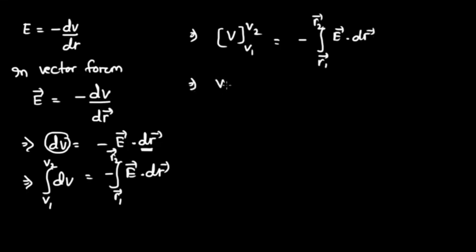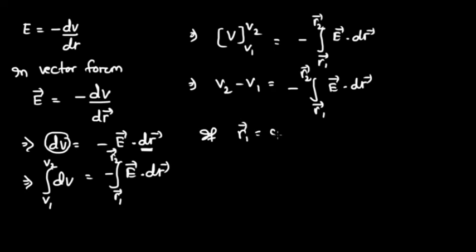That implies V2 minus V1 is equal to minus integral from r1 vector to r2 vector of E dot dr. Is that clear? Assume that initially the initial position is considered to be at infinity. If r1 vector is equal to infinity, then at infinity the potential is 0.